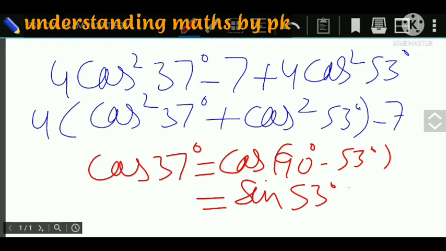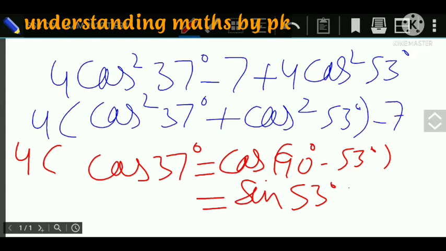So here 4 will be as it is out, and inside the bracket value will come sine square 53 degree, because cos 37 degree is equal to sine 53 degree.